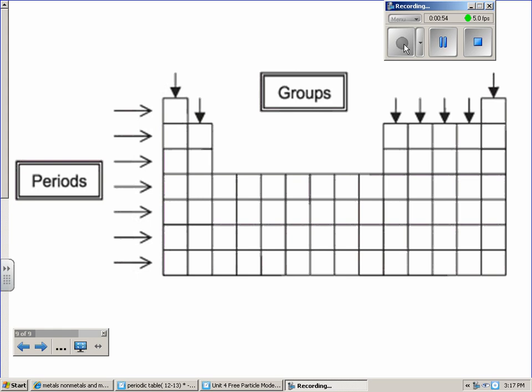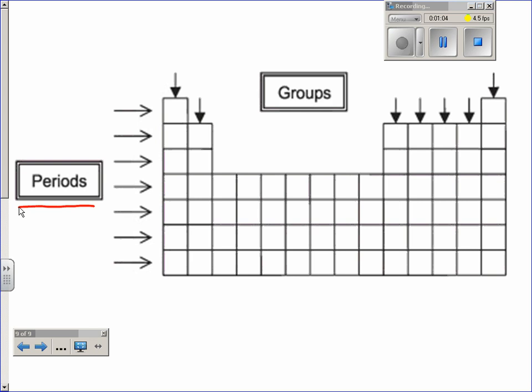It appears that there are arrows on the board, and the arrows next to where it says periods are pointing to the right. Those must be rows. So periods are rows of the table.